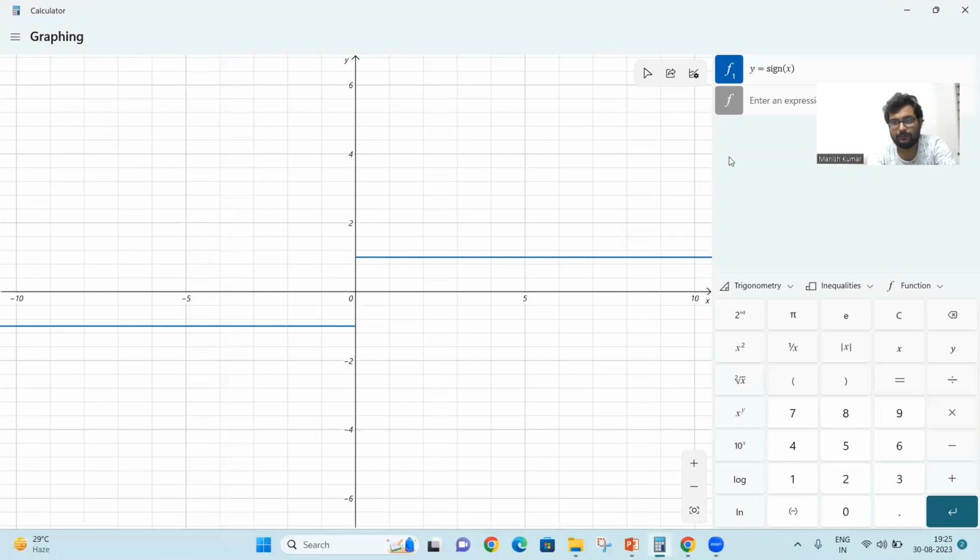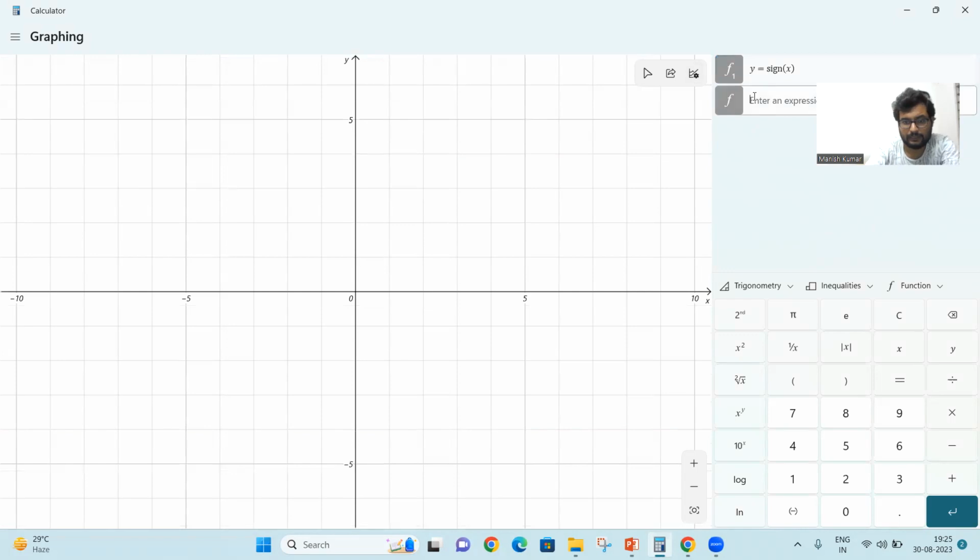Again, going to the same app, and right here, y equal to greatest integer.